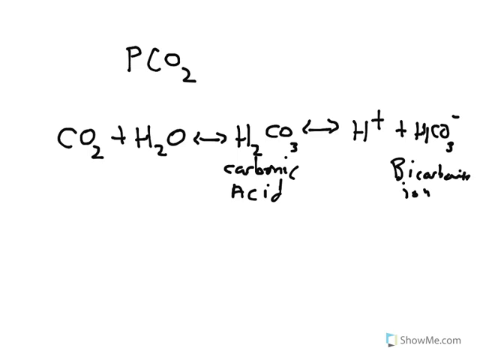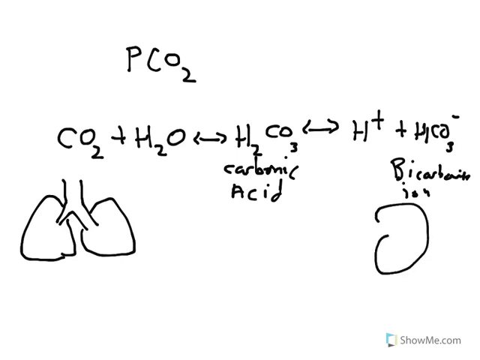Now, if you look at this chemical reaction, it is happening in the fluids in the blood, but what I really want to show you as well is the physiology behind this. If you imagine this side of the reaction, we have our lungs, and on this side of the chemical reaction, we have our kidneys.